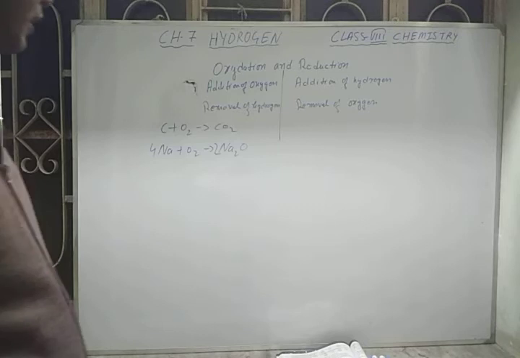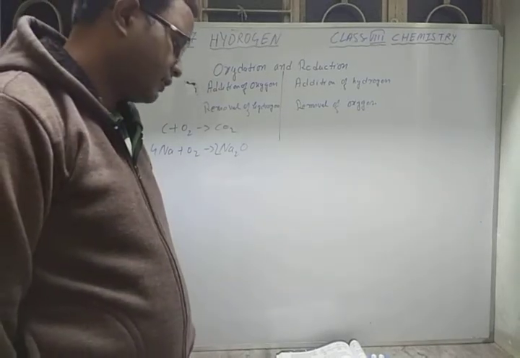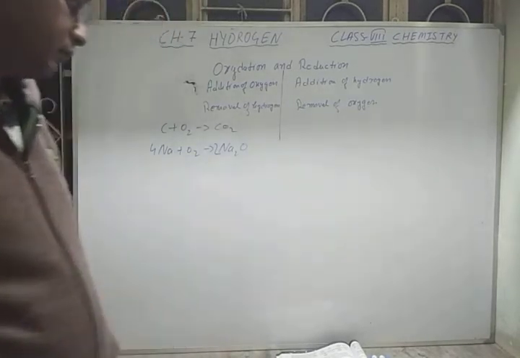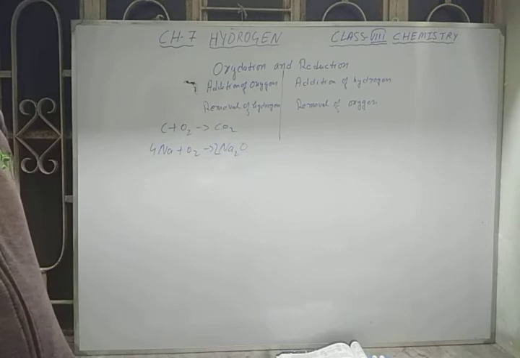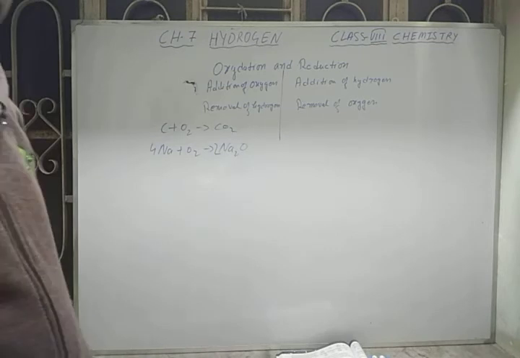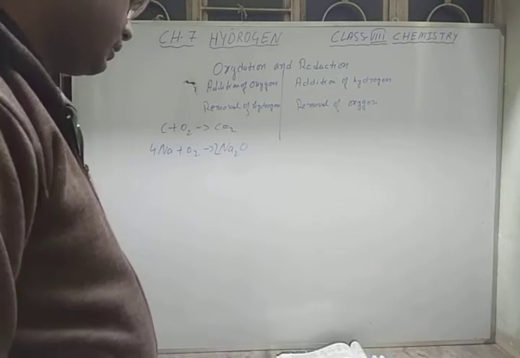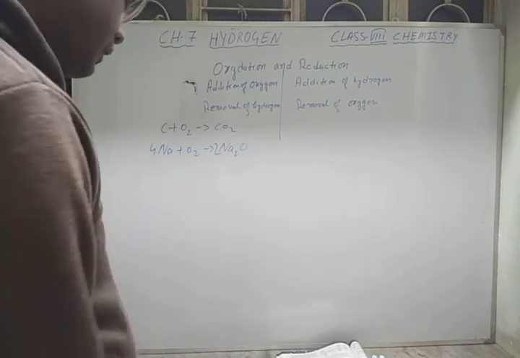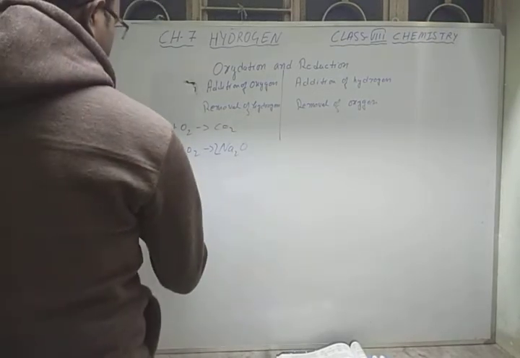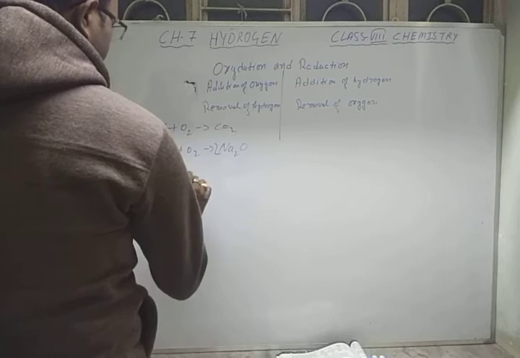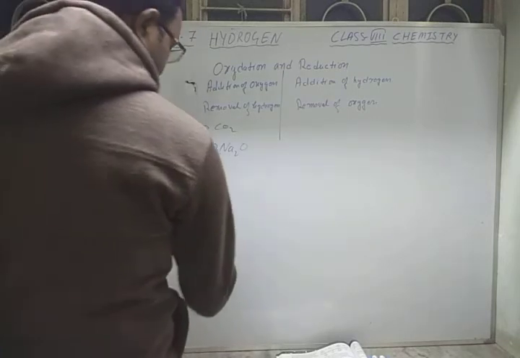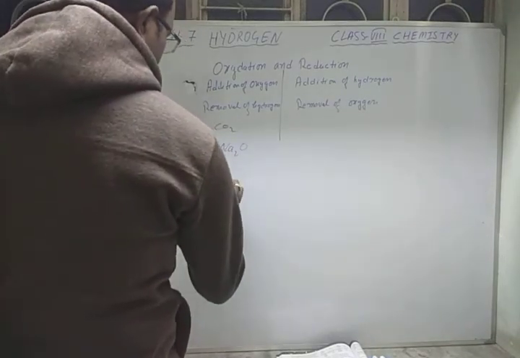After that, the removal of hydrogen means hydrogen should be removed from a compound so that it becomes an oxidation reaction. For example, when hydrogen sulfide H2S gas is heated, it reacts with chlorine Cl2.